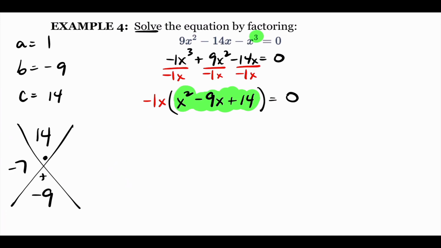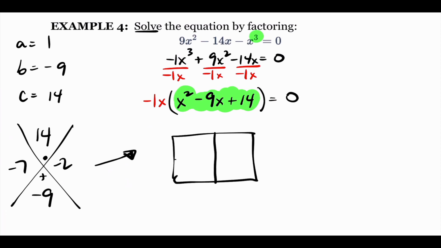There you go, -7, -2. So I get x squared plus 14 minus 7x minus 2x.